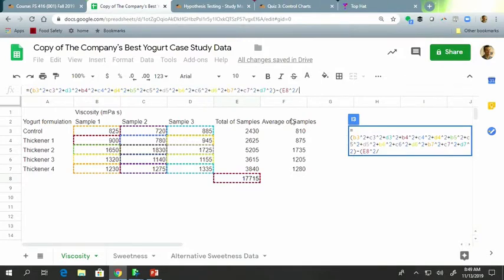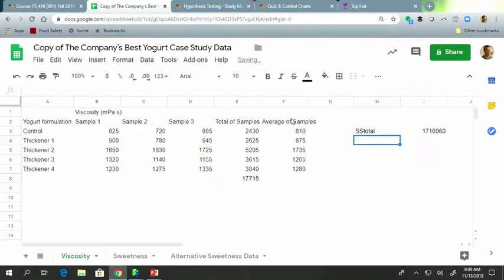If we have 3 samples each, 5 treatments, exactly, 15. Okay. And I get 1,716,000. Okay, so that's going to be our answer for the sum of squares total.